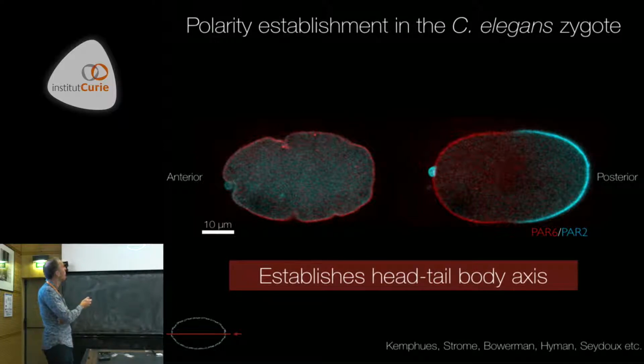And then 6 to 8 minutes later, the system is polarized, and the posterior marker of polarity in blue here defines the posterior domain. The one-cell embryo will divide across this plane, so it'll give rise to two different daughter cells. And in fact, these two daughter cells have very distinct fates. This gives rise to the germline, and this gives rise to the entire somatic lineage of cells. Okay?